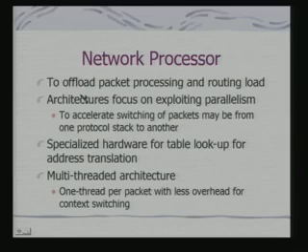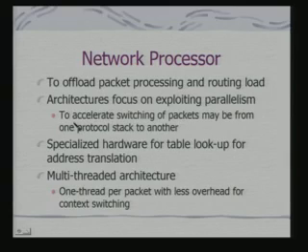The basic job of a network processor is to offload packet processing and routing load. You may also find that a general purpose computer may have a network processor card functioning as a router, so your main processor is offloaded of this task. Also, you can have standalone routers as well.